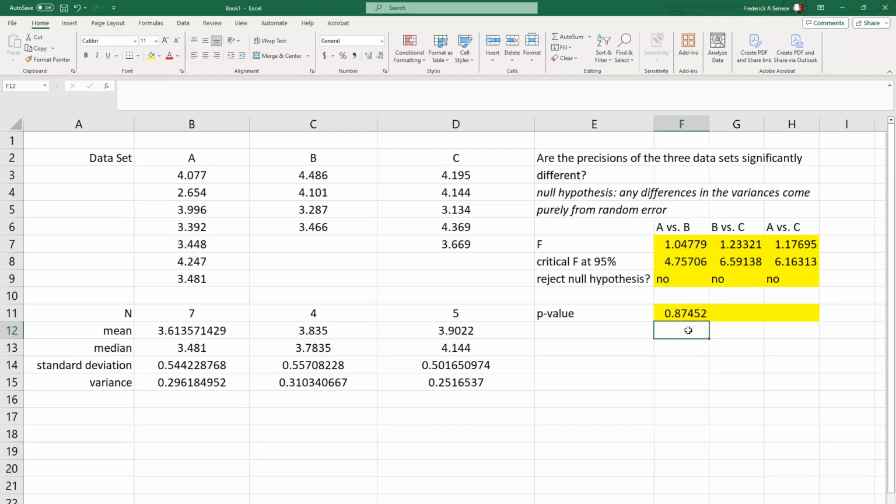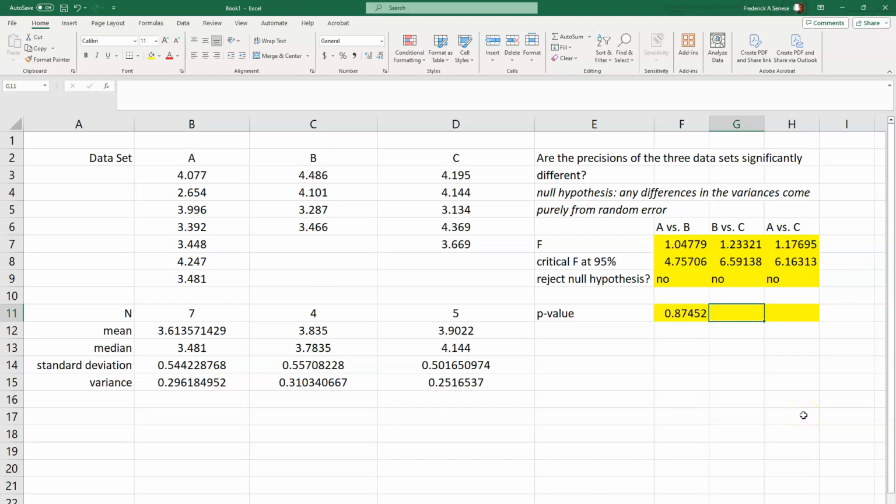And what that means is that if I reject the null hypothesis, there's an 87% chance I'm going to be wrong. So that's a pretty high percentage I'm going to be wrong. So I should not reject the null hypothesis. I cannot really say that any differences in the variances come from something other than random error in this case.